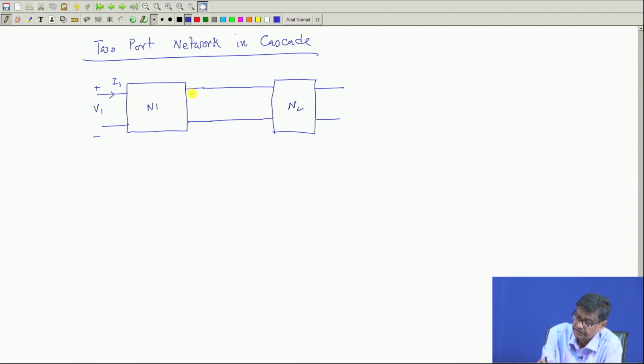Got the point? This is plus minus, this is V 2, and so B 1 will have its terminal and you consider this to be your V 1 dashed.